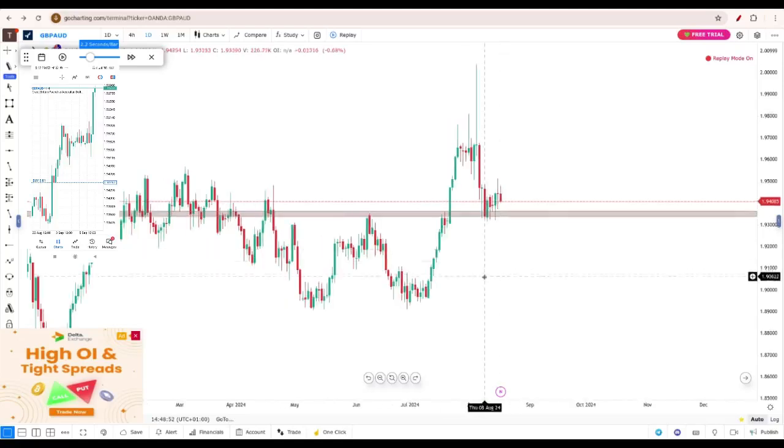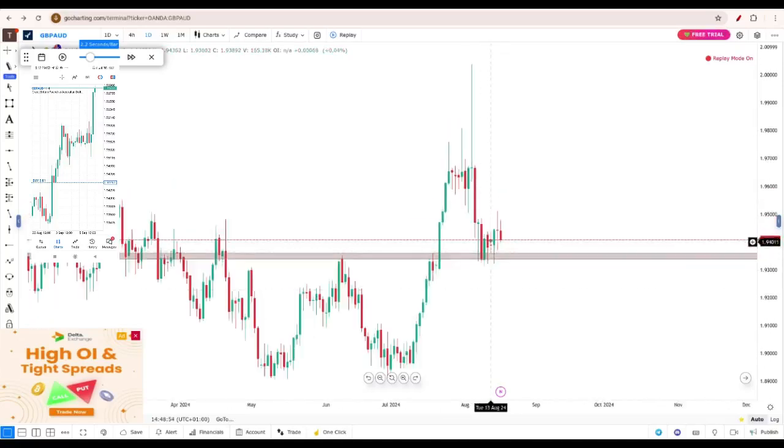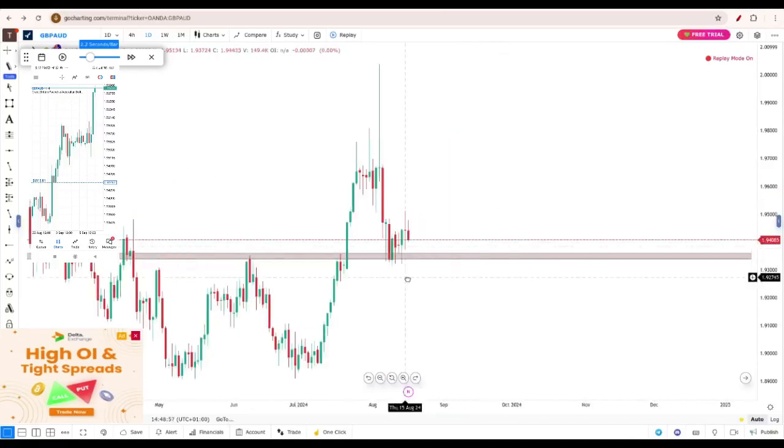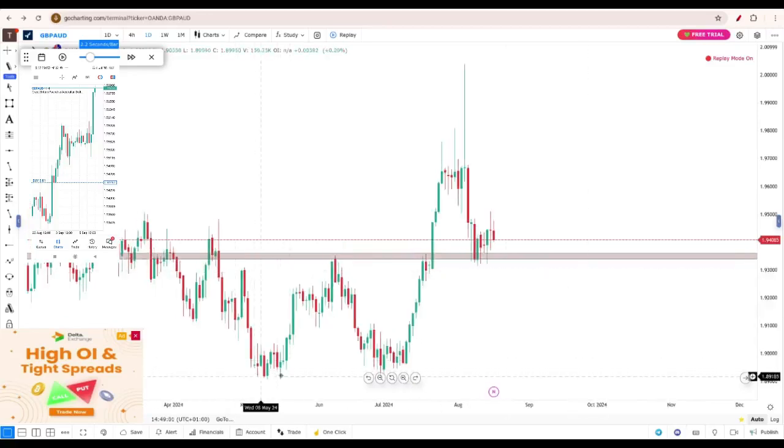Another thing again is, before entering any trade within my key level, you remember that initially my level was here, then I waited until I saw a double bottom, but I still didn't enter because the stop loss is too wide.